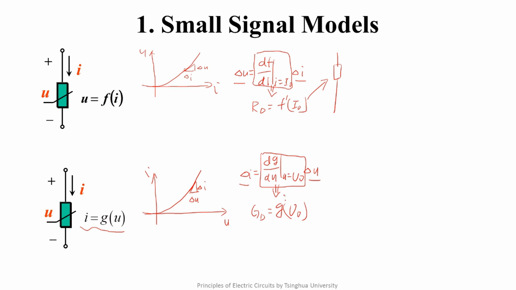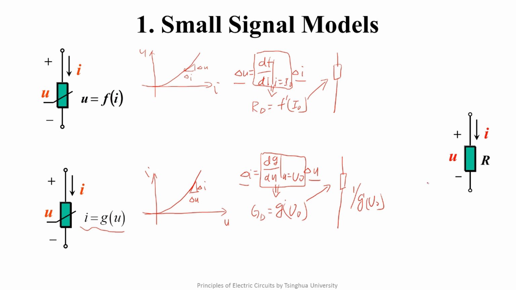So it is a linear resistor or linear conductor. If you express it in the form of conductance, that is like this. If you express it in the form of a resistance, that is 1 over G prime U0.